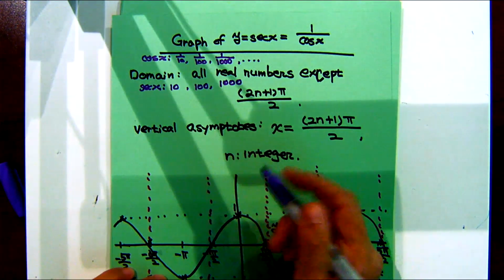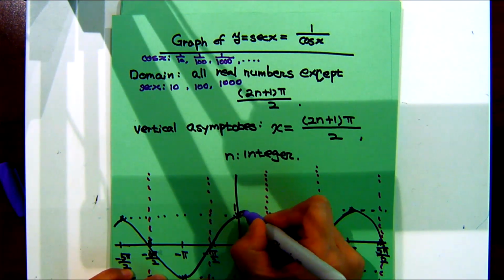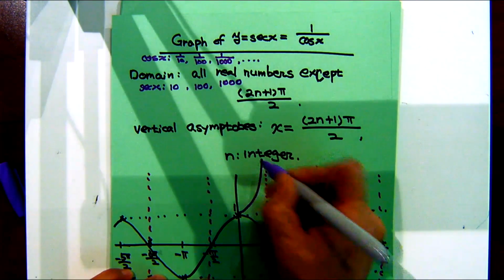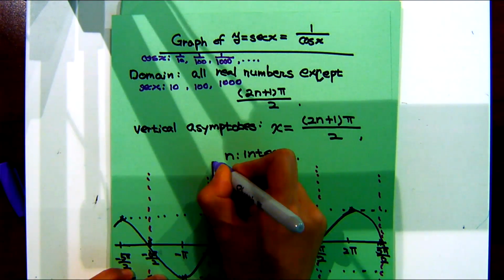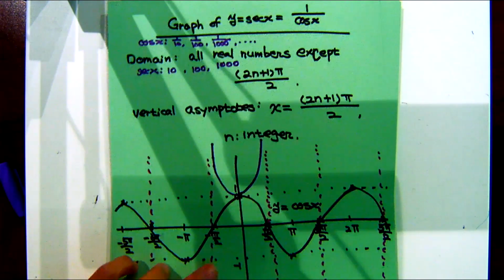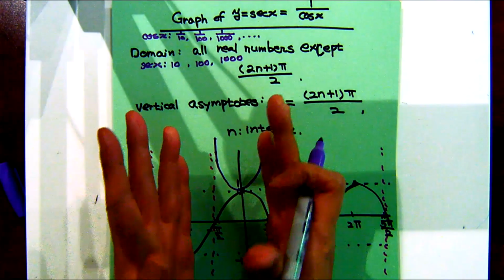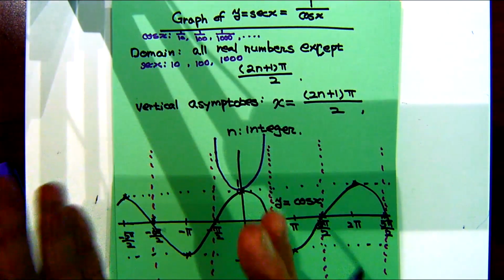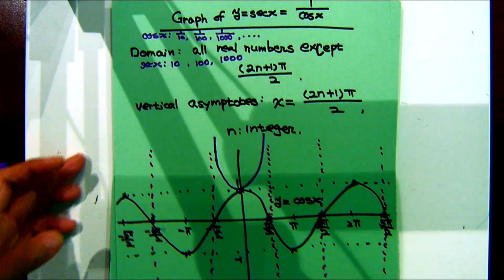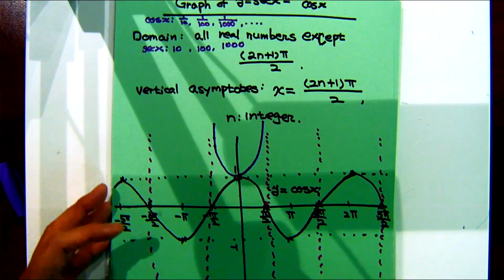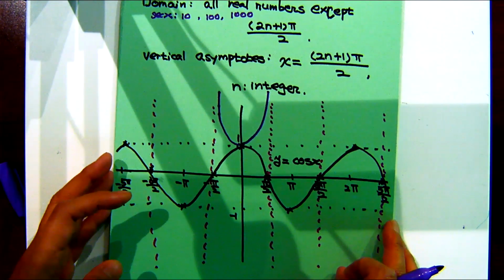So what should happen is just a flipped shape, but it doesn't cross the vertical asymptote because when cosine equals 0, secant is undefined, right? So you can reason it naturally.